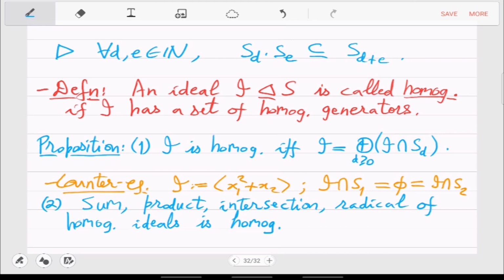Ideal sum was needed for intersection of zero sets, product was needed for the union of zero sets, then intersection and radical were required to have this one-to-one correspondence between varieties and ideals. So all those operators behave well on homogeneous ideals. They take homogeneous ideals to homogeneous ideals.